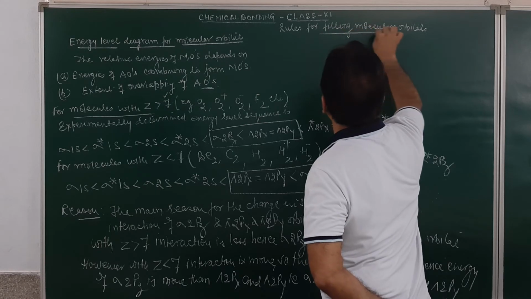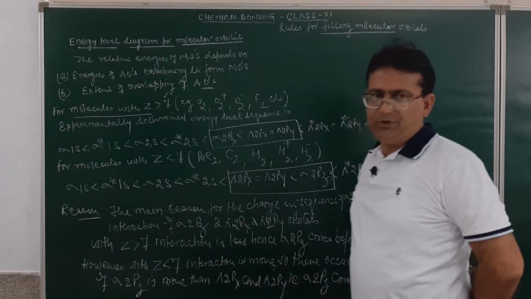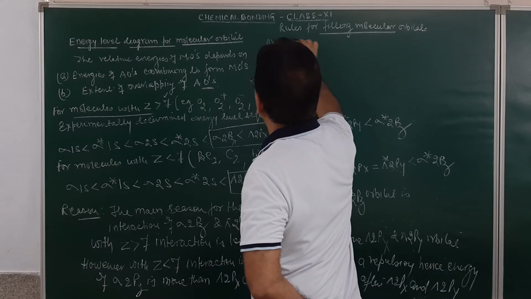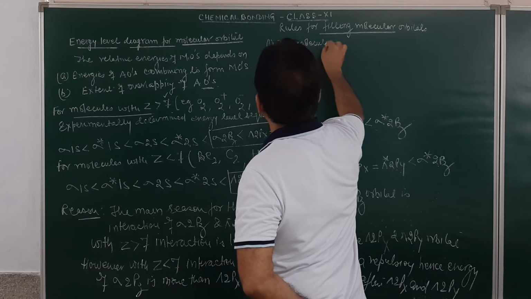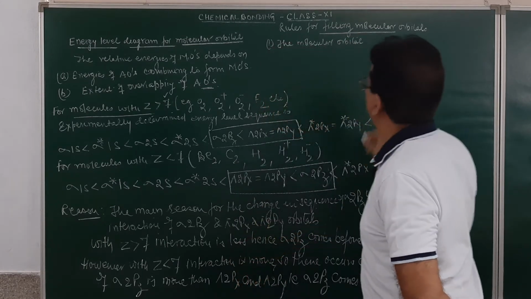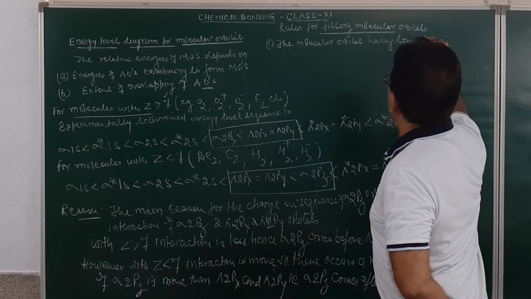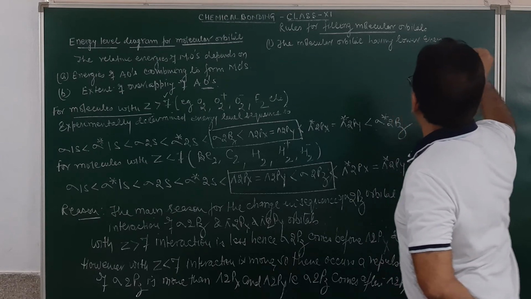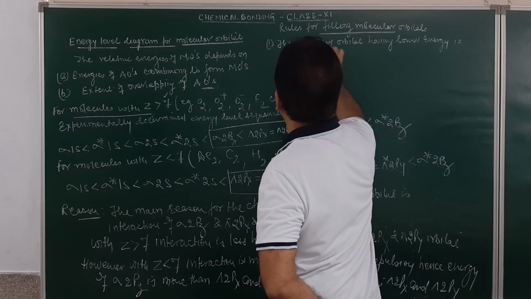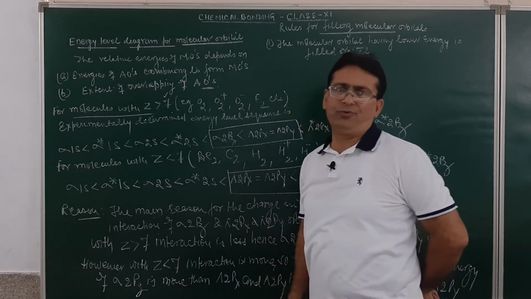The first rule: the molecular orbital having lower energy is filled first. Am I clear? It is similar to the Aufbau principle for the atomic orbital.